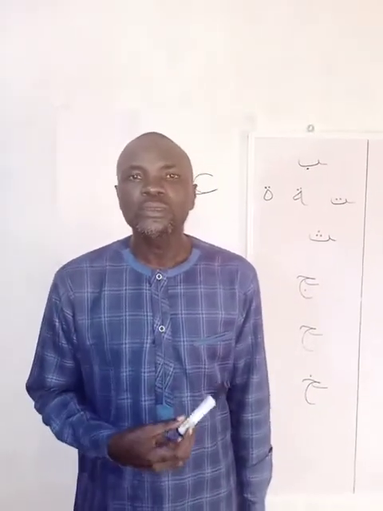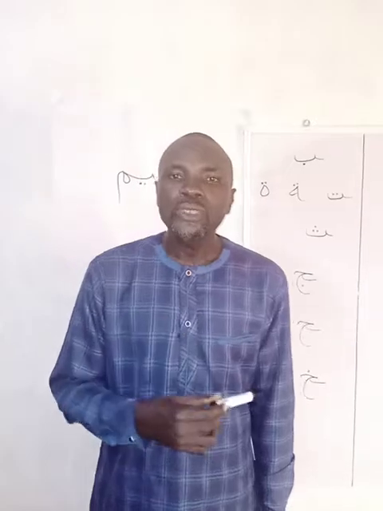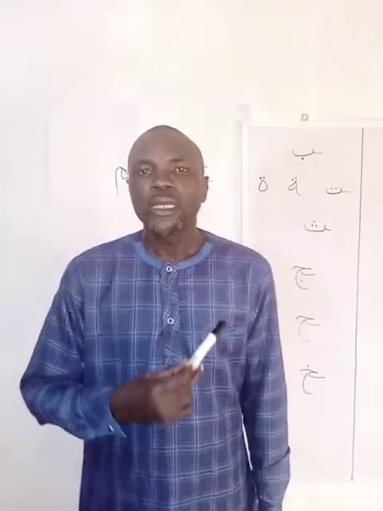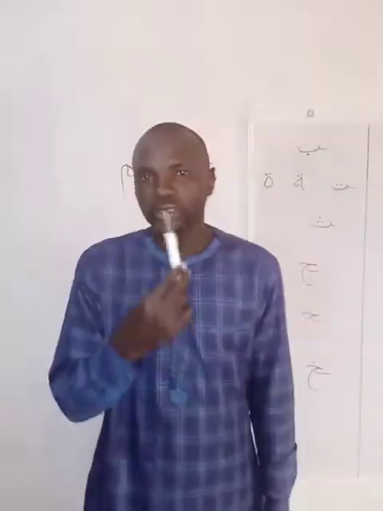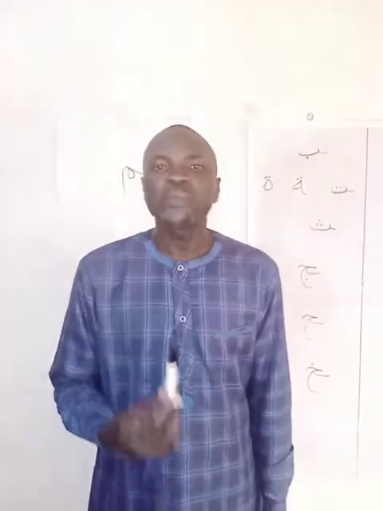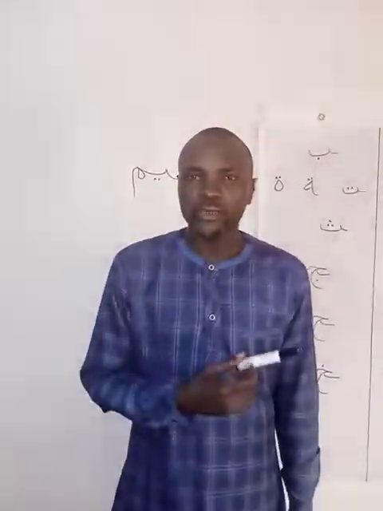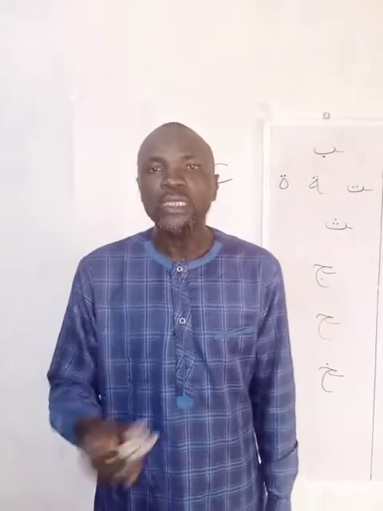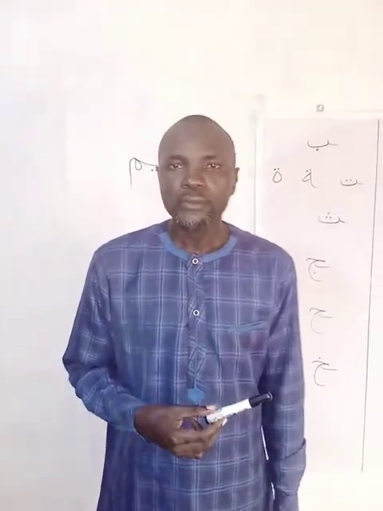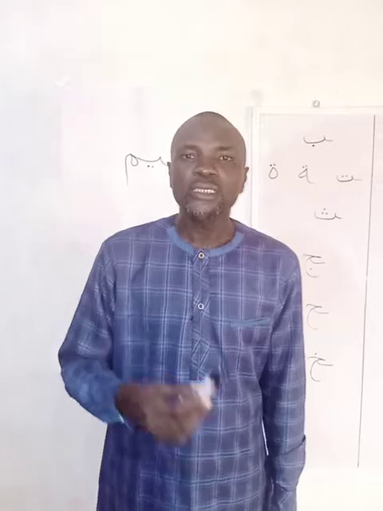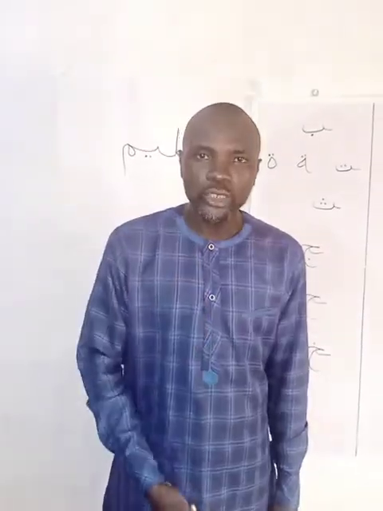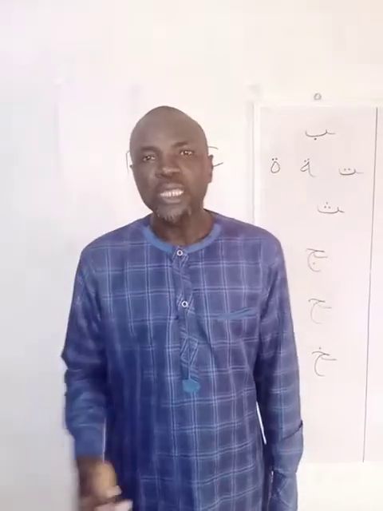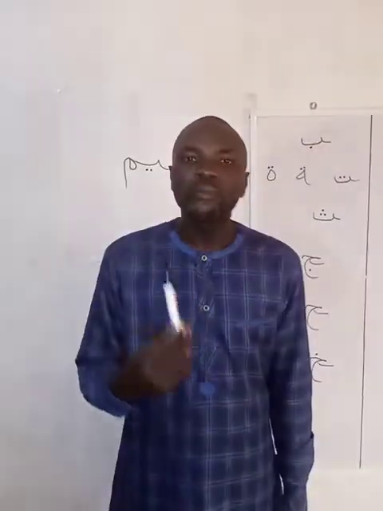Because of this, joined letters are written in 4 different forms, depending on their location or position in a word. That is, the independent, the initial, the medial, and the final position.